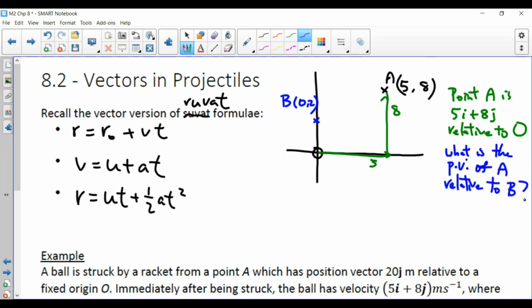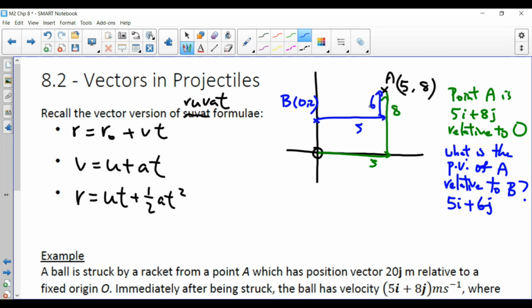If we have to describe the position of A from O, it would have been 5i plus 8j. But what if we started with B? What would be the position vector of A relative to B? From B, it would be 5i plus 6j, wouldn't it? 6j, because it's only going 5 right and 6 up.